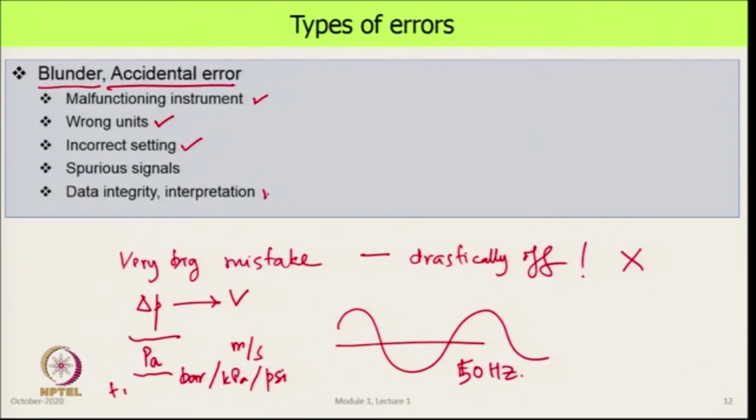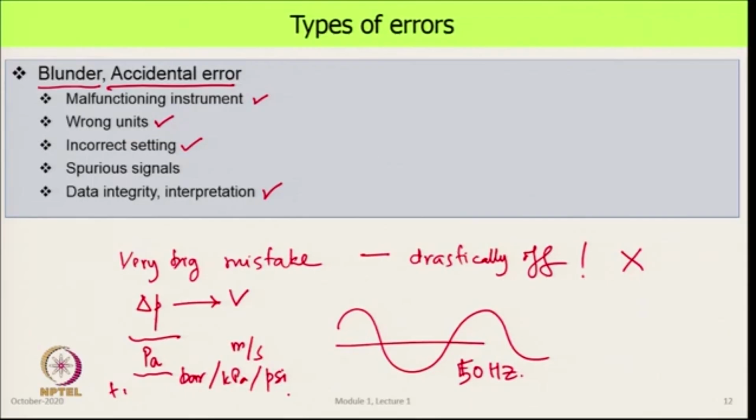And finally, I put here data integrity, as to how good the data is in conversion as well as in its interpretation. You may take data, multiply it by some factor and get the number that you will work with, but if a big mistake was made in that number itself, you get a big mistake happening there.